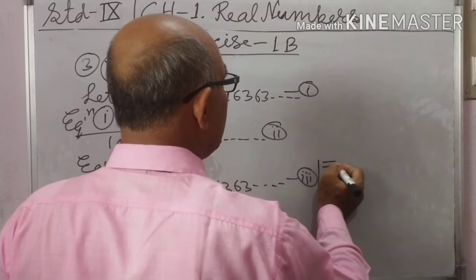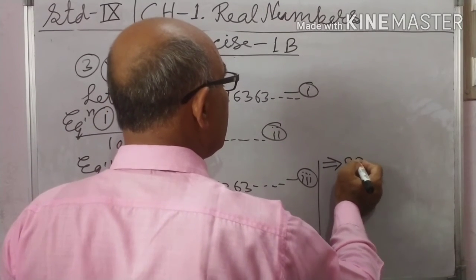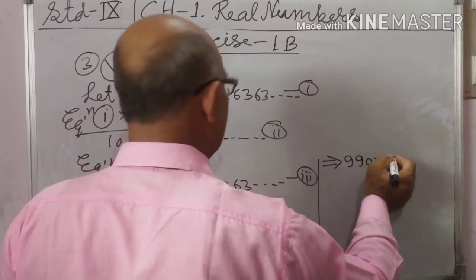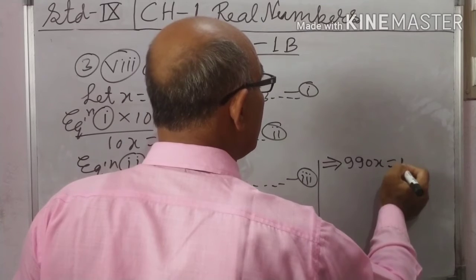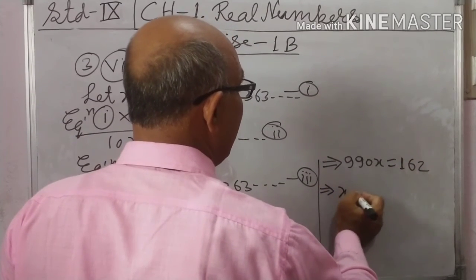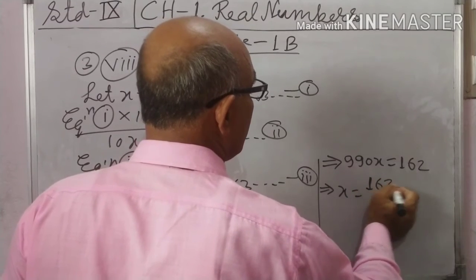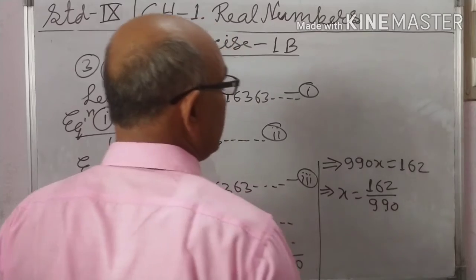That implies 990x equal to 162. x equal to 162 by 990.